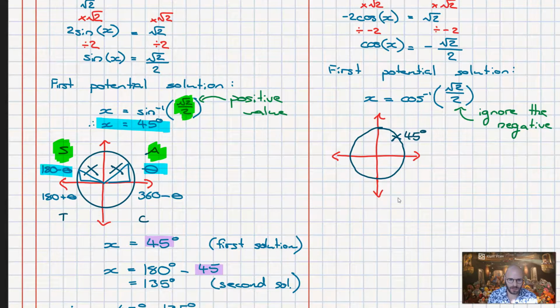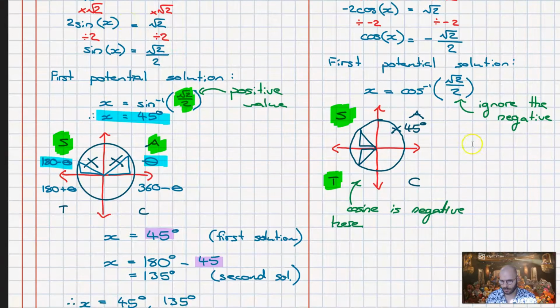However, the location that we're expecting our solutions are going to be where cosine is negative. So if we go all stations to central, we are expecting solutions in the second and third quadrants. So this is where cosine is going to be negative.